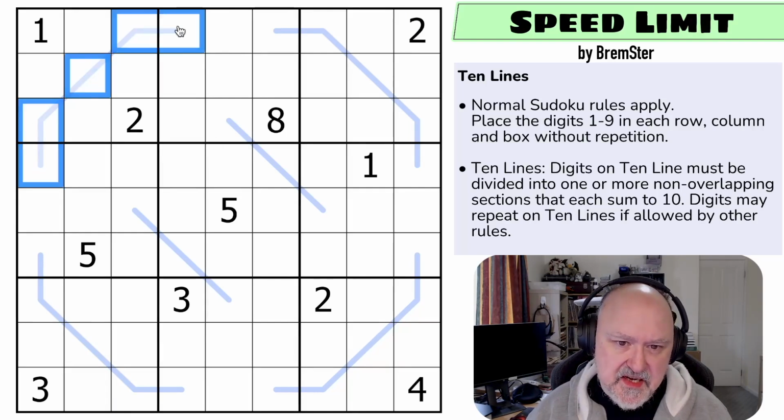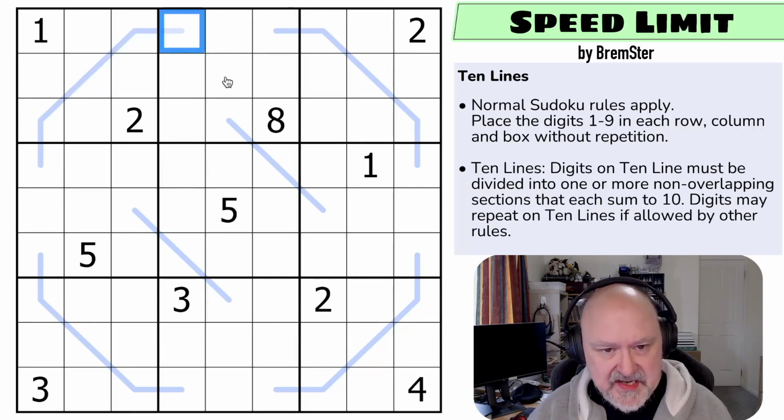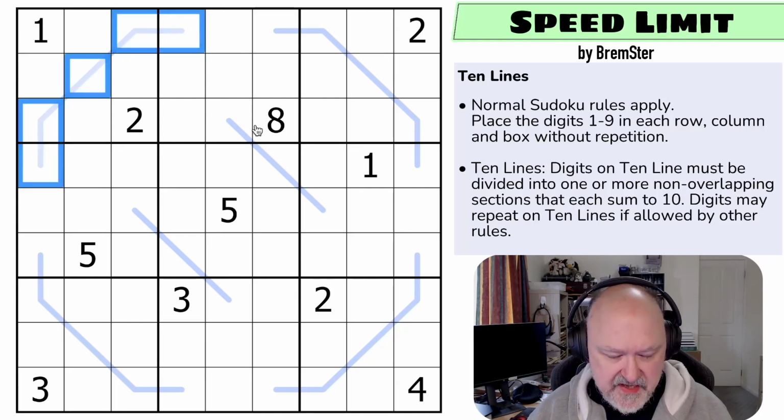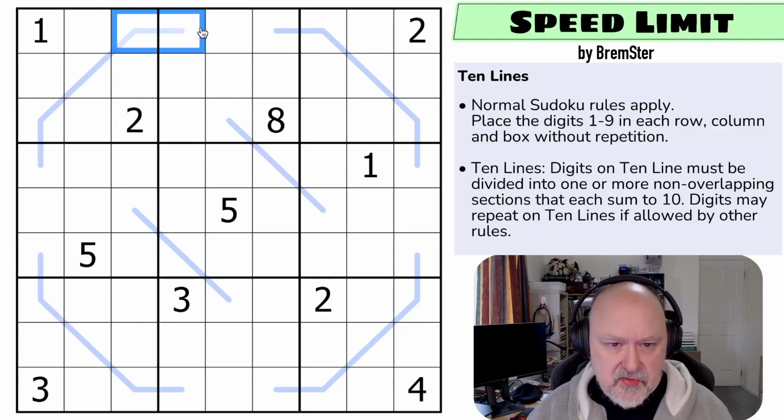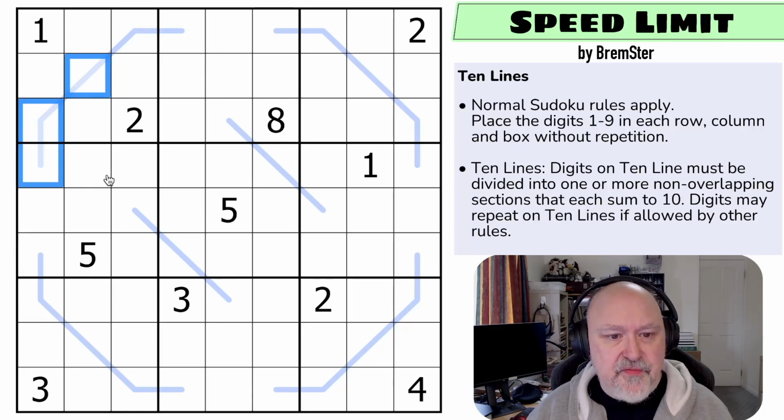This line does look interesting because you can't put 10 into a single cell. So a 10 line section must always be at least 2 cells long. But this is a 5 cell long 10 line. Now, I have no idea how long ago I set this one, but it's definitely been a few months. So if I did a 2 cell long 10 sum, that would leave 3 cells.